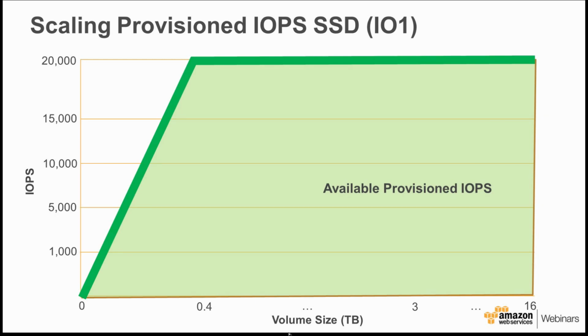We have a 50 to 1 IOPS to gigabyte ratio setting. So at 400 gigabytes, you can provision an IO1 volume at the full 20,000 IOPS. At a 1400 gigabyte size, GP2 would be at 1200 IOPS baseline and burst up to 3000. Again, on this slide, we're measuring all IO in sizes of 16 kilobytes.